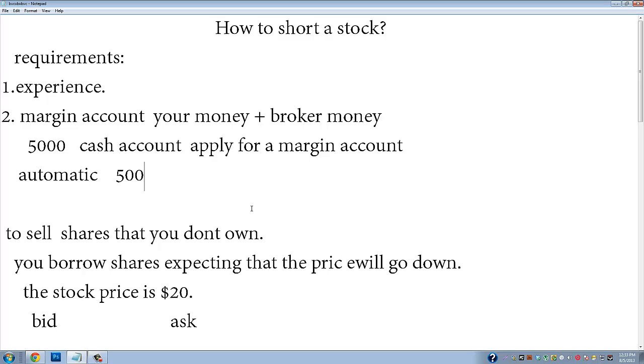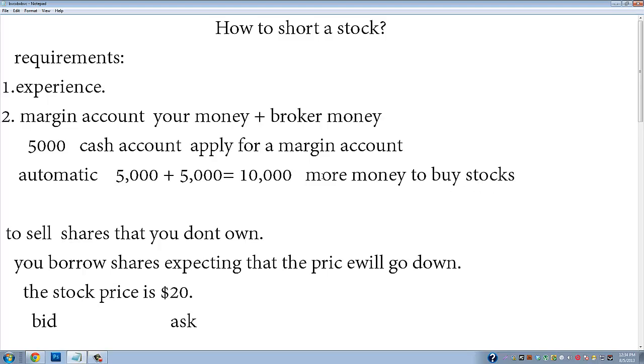So you have $5,000 plus $5,000 of the broker, so you will have $10,000. A lot of people, most of the professionals, have a margin account. It means first you will have more money to buy stocks or to sell shorts, and second, with this margin account you have the ability to short a stock.